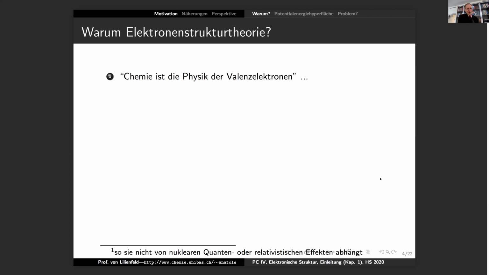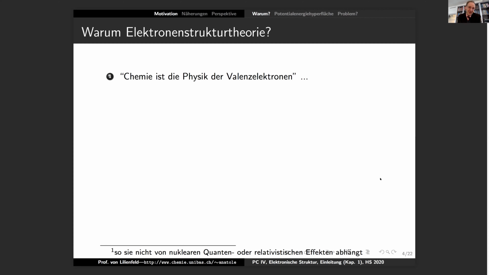And that has nothing to do with your valence electrons, right? So this provocative statement is to be taken with a grain of salt, right? It's maybe mostly the physics of the valence electrons, but not all of chemistry is the physics of the valence electrons.